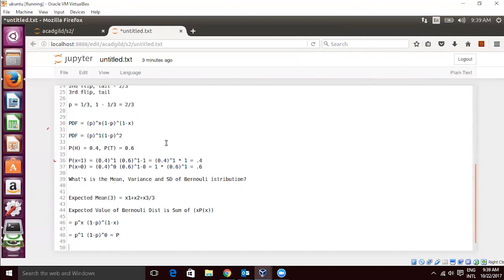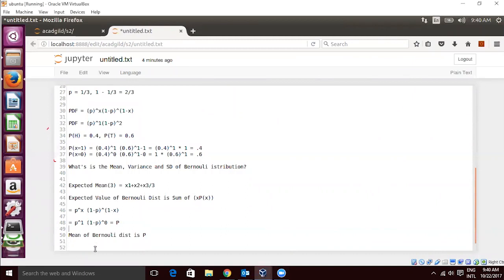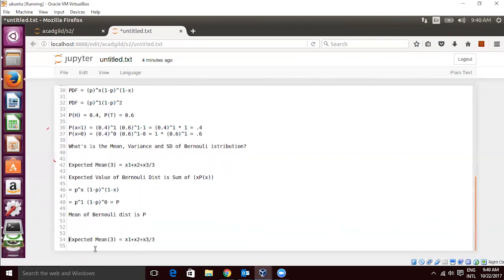So the mean of Bernoulli distribution is p. What could be the variance? Let me go with the variance formula. Let us take the same example. Let us assume that we come up with a mean value which is mu.